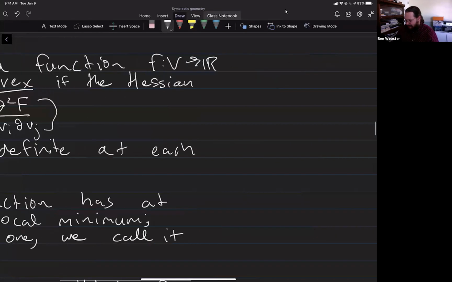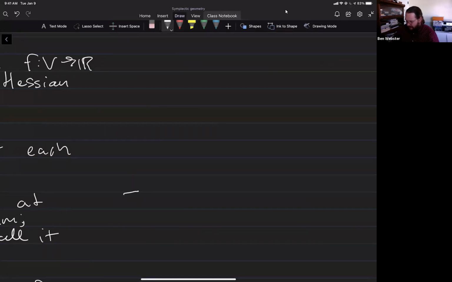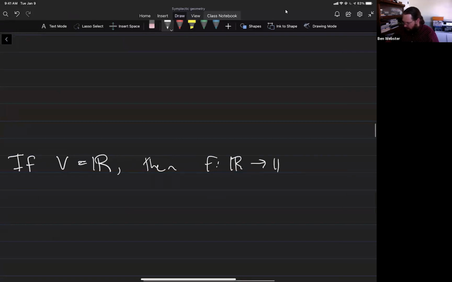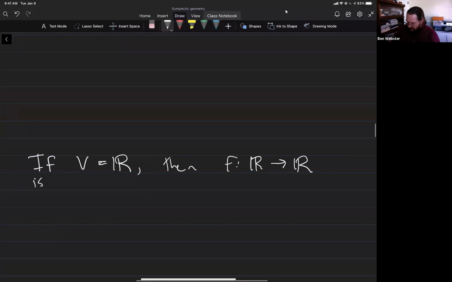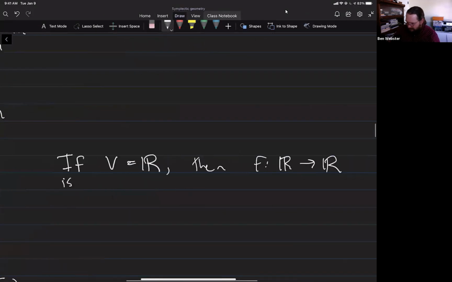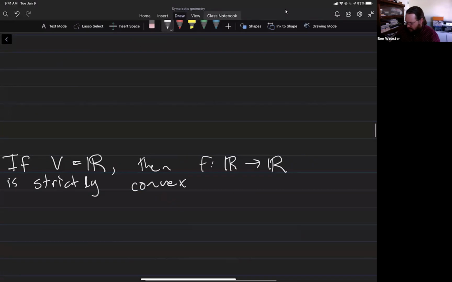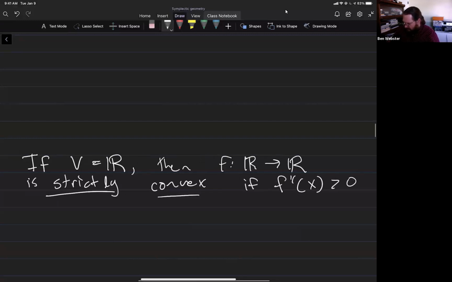And the key thing to convince yourself of here is, if V is one dimensional, so V is equal to R, then a real function from R to R is strictly convex if the second derivative is positive for all x.